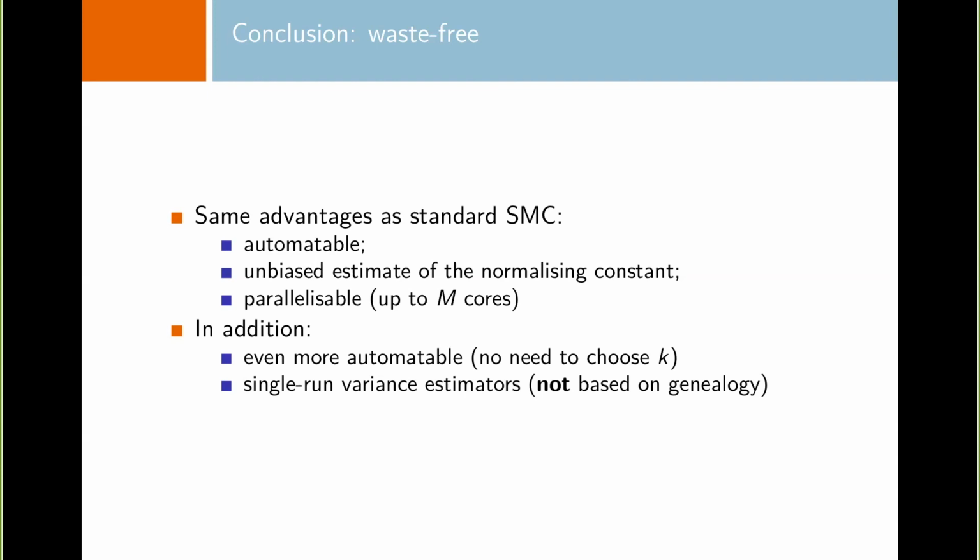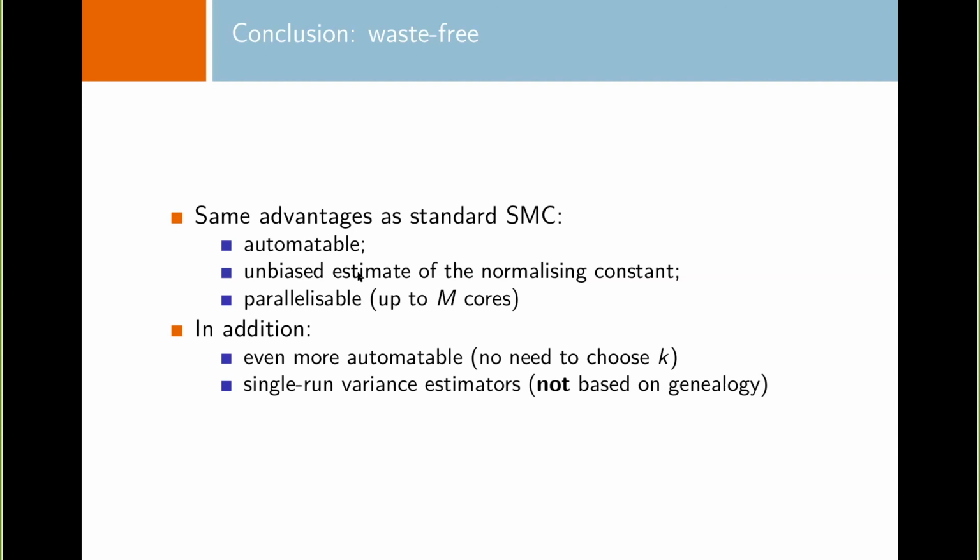So to sum up, the part related to waste-free, we think it has the same advantages as standard SMC, meaning that it's automatable. I checked, it's a word and it exists. Maybe it's not such a common one. Hopefully you get the idea. You get an estimate of the normalizing constant, which is not something you obtain easily from other methods.